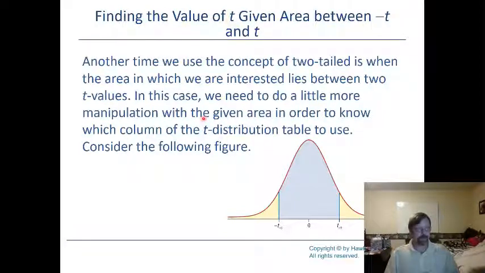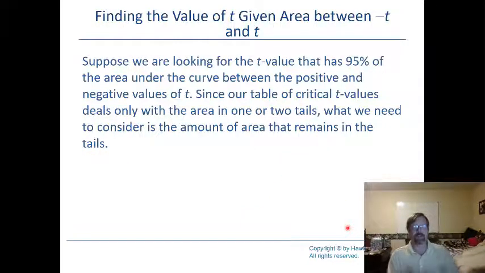We do have to do a little bit more manipulation to know which column to use. So in this case, we're going from negative t sub alpha over 2 to t sub alpha over 2, and we're interested in the area in between.